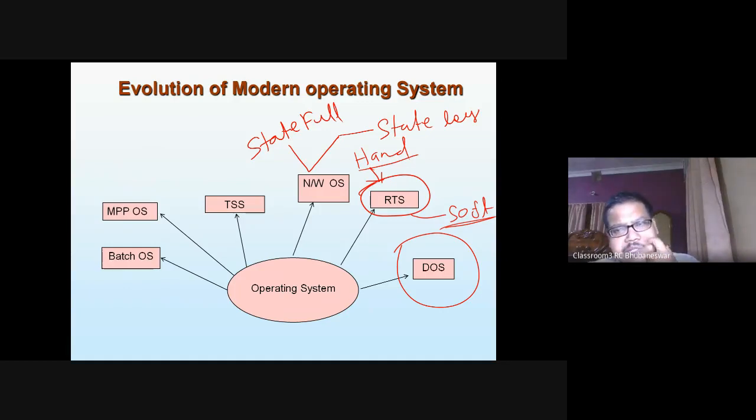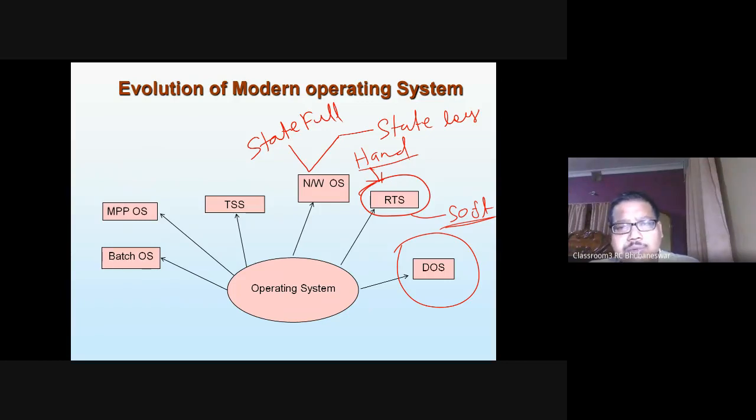So these kinds of situations are there. Now hard real time and soft real time will work together with respect to the part of your real-time systems.